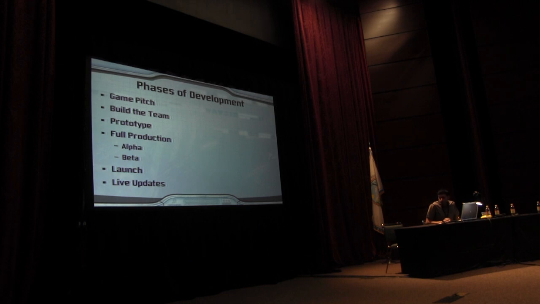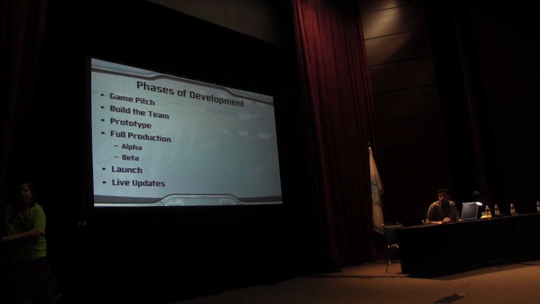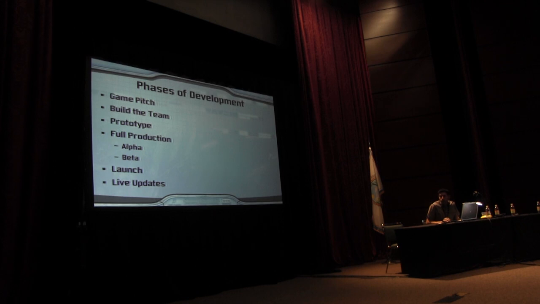That's your foundation. After the prototype, we go into full production, which has a couple of phases before we move to launch. There's an alpha and a beta. Alpha, basically, we're looking for feature complete. That means that every feature we want to launch with needs to work. Beta is the phase where we debug the game.